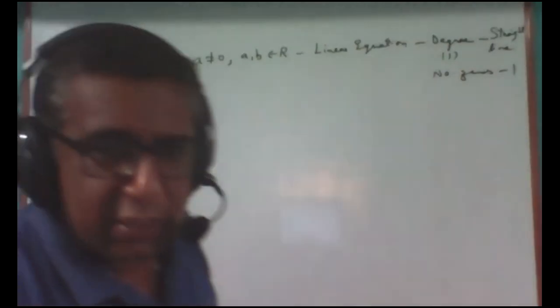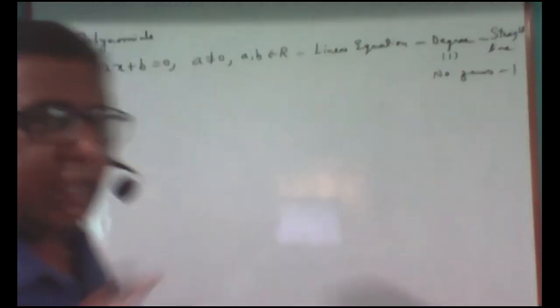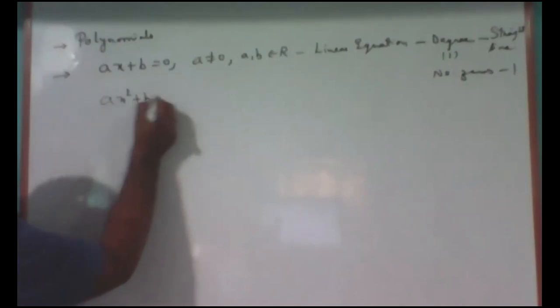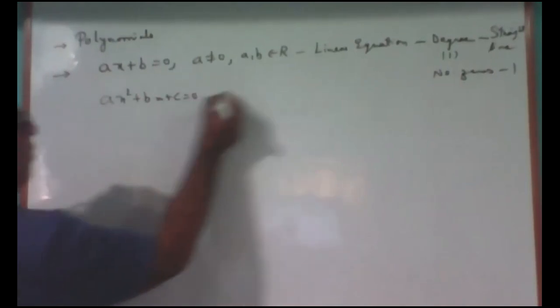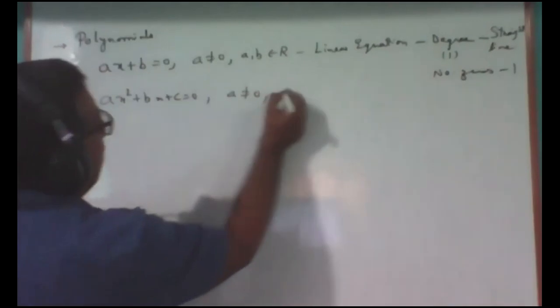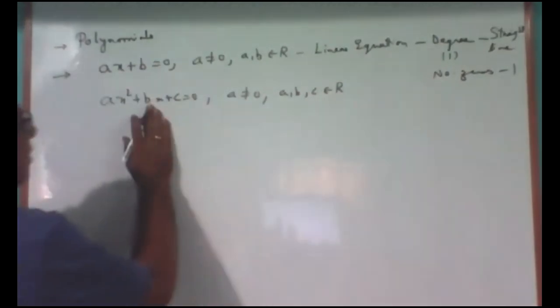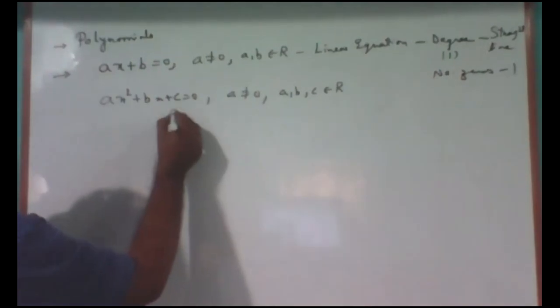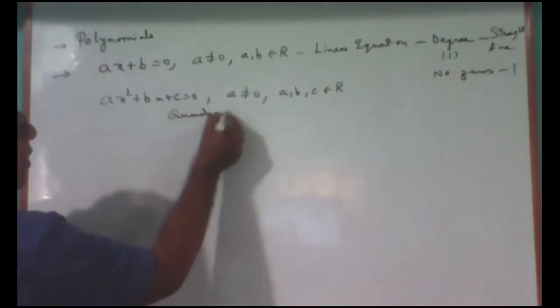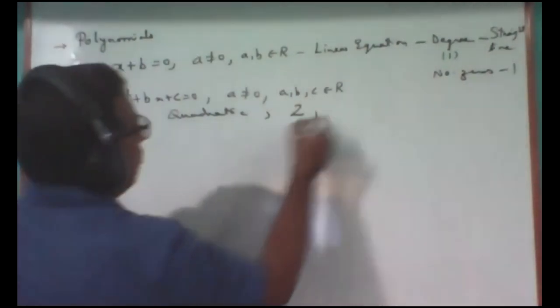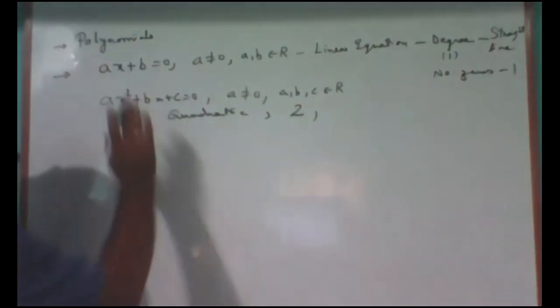Next, second is ax square plus bx plus c equal to 0, where a not equal to 0, a, b and c are element of R. This is quadratic equation. What is the degree of it? Degree is 2. What type of graph it will be?